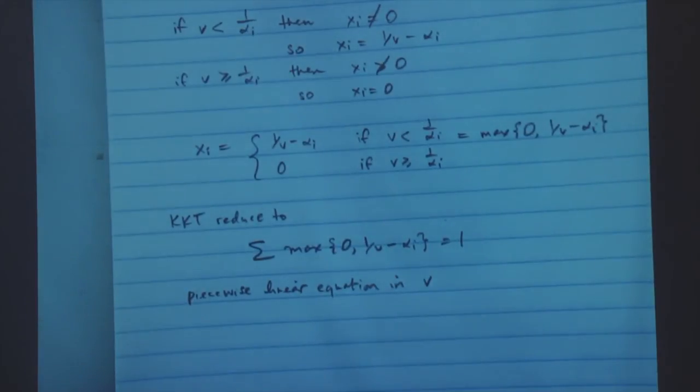And the reason it's called the water filling problem is because you can think of, for example, alpha i as the height, if you look back at this picture, of a bunch of different units from the floor.